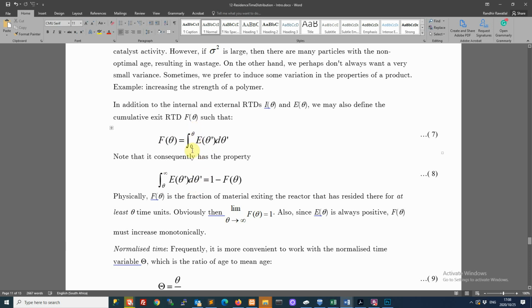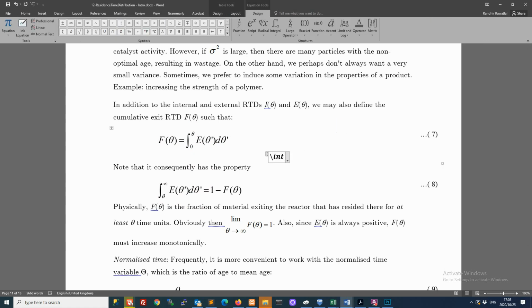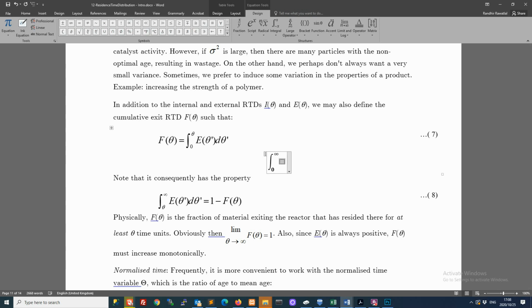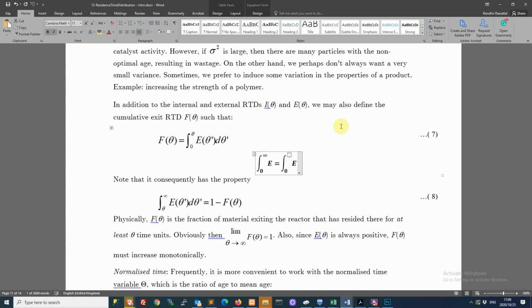So maybe let's write it like this. The integral from naught to infinity of E is equal to the integral from naught to theta plus the integral from theta to infinity.